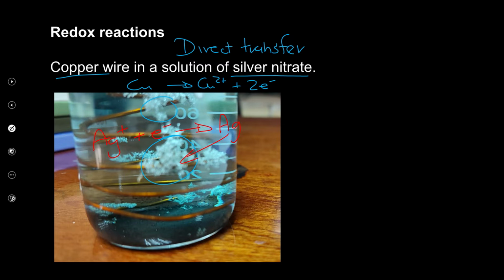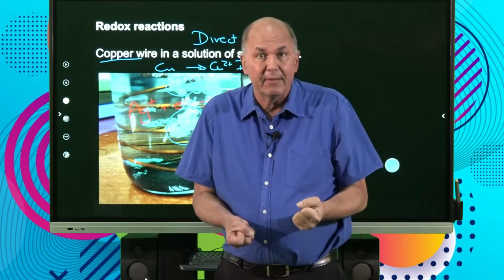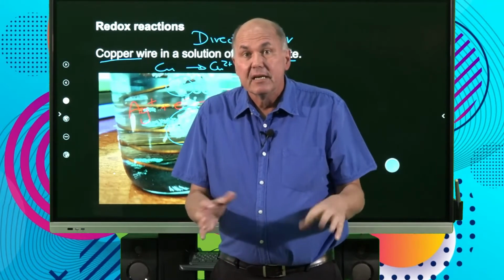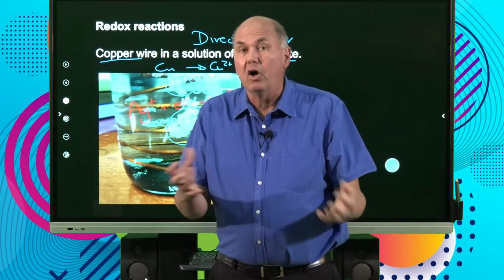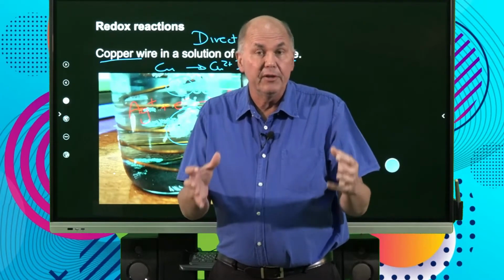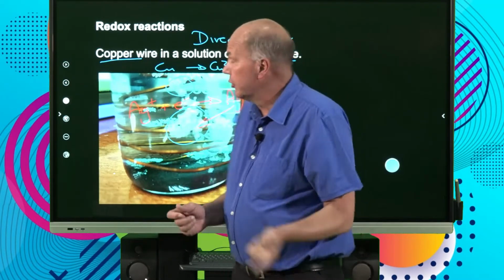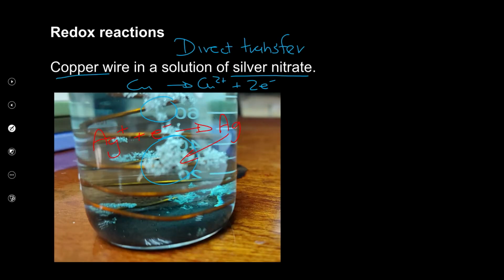So we can recognize there are a whole lot of these displacement reactions taking place, and that means that we should be able to get a whole lot of different electrochemical cells, which in this case are also called galvanic cells, because they're producing electricity for us.